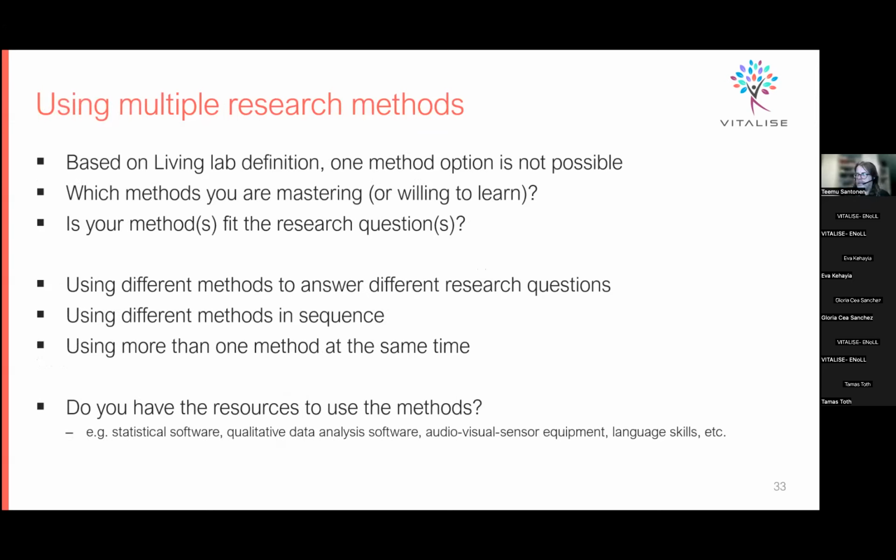But when we remember the definition of living labs, one of the key points is that it's a multi-methods approach. So what does it mean when we are using multiple research methods?